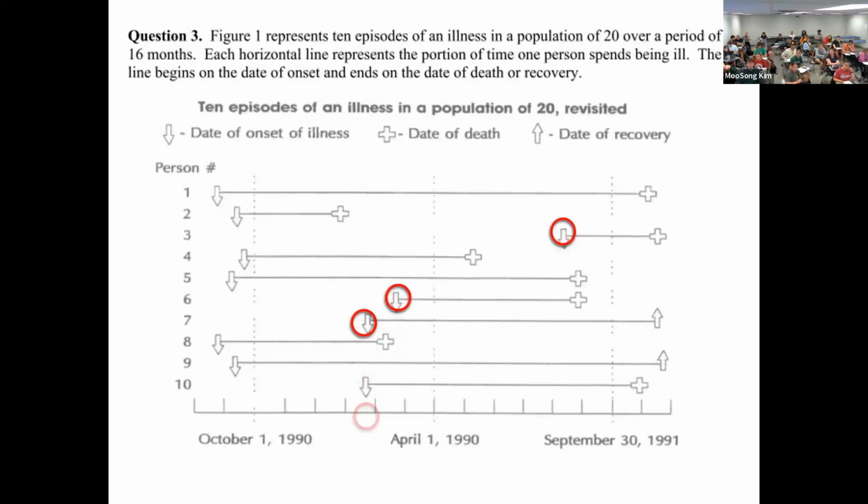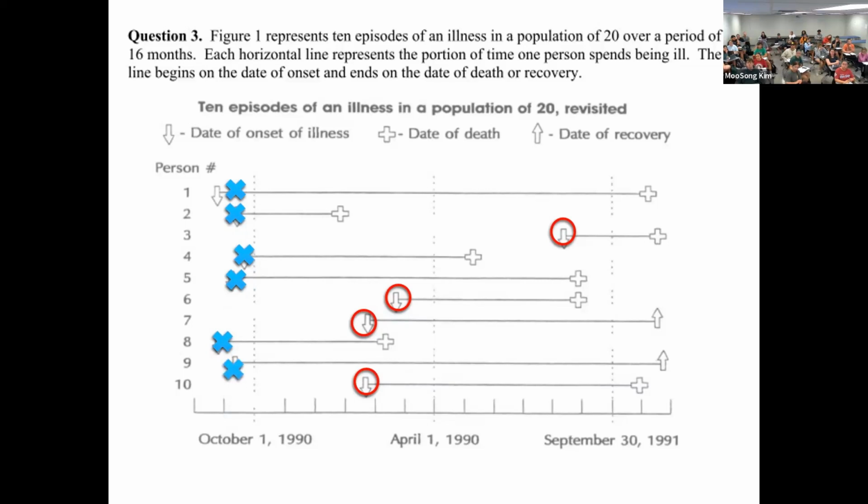So we got 4 right now, and then we need to figure out the number of who is at risk. 20 is the total population. So is 20 the number at risk or not? No. We had 20, but before this time period, we already had 6 pre-existing cases, 1, 2, 3, 4, 5, 6.